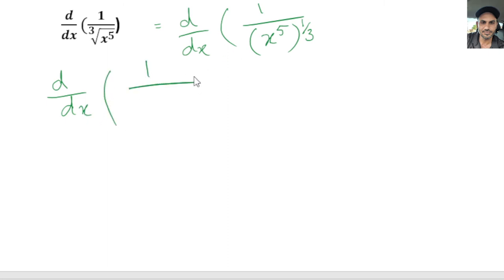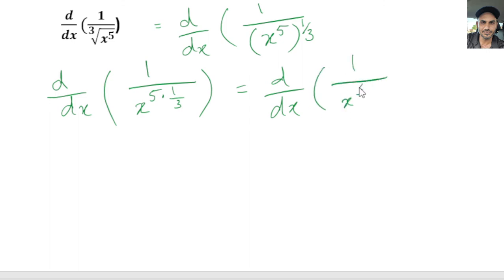So 1 over, and when we have exponents, we can multiply them. So x to the 5 raised to the 1/3 is basically x to the 5 times 1/3. This is the law of exponents. The next step is d over dx of 1 over x to the 5/3. When we multiply 5 times 1/3, it is 5 over 3.